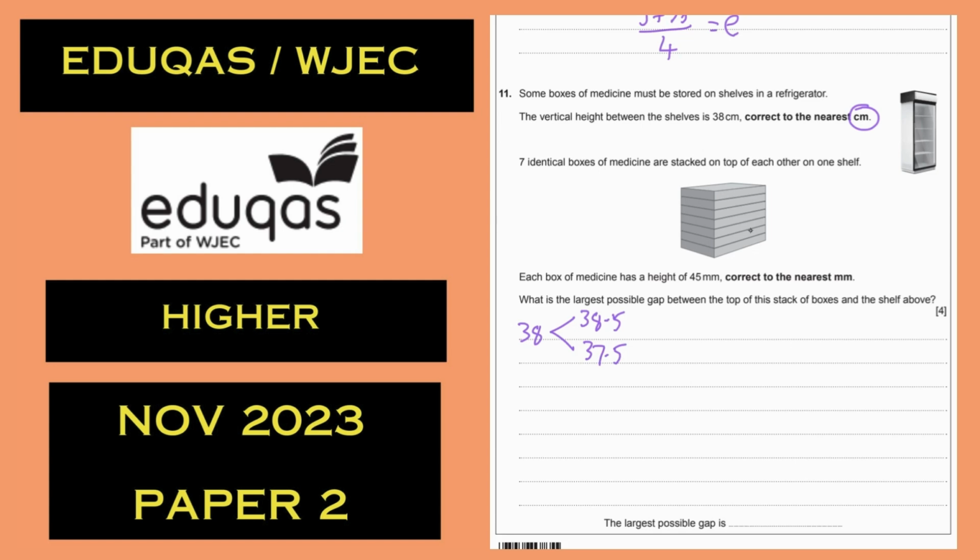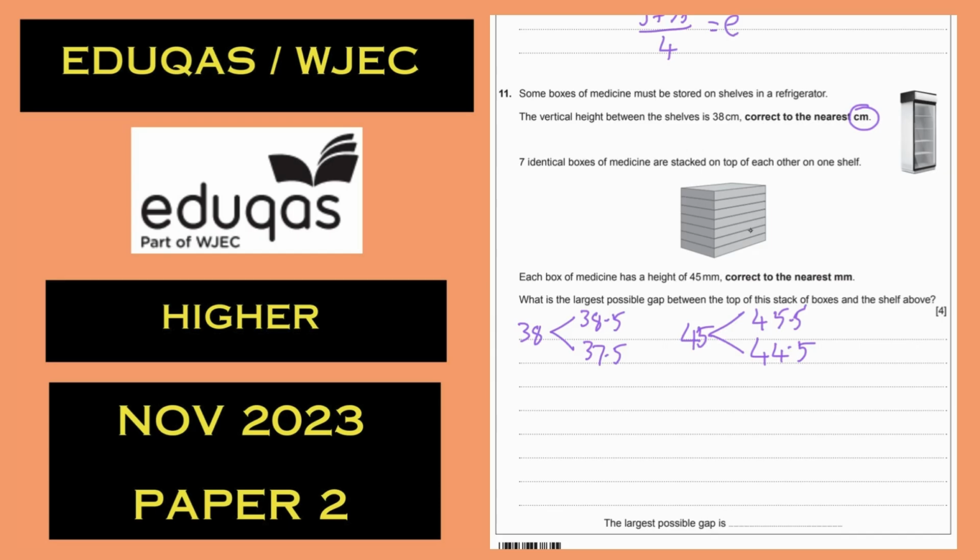Each box has a height of 45 mil. Correct. Same again, 45. Whoops. The upper bound, add on half a millimetre. The lower bound, subtract half a millimetre. What is the largest possible gap?